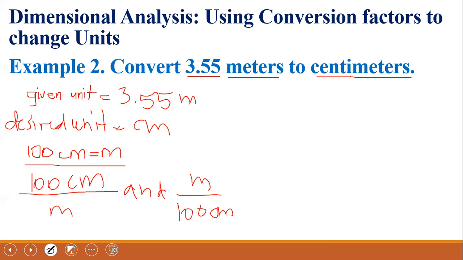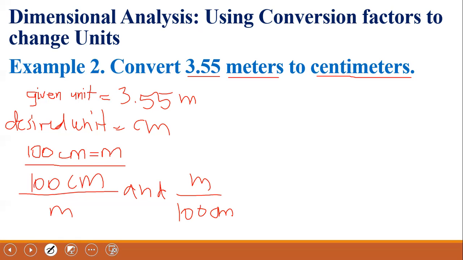Alright. So since the same unit appears in the denominator of the conversion factor, and any quantity that is divided by itself cancels, we cancel the unwanted unit. Orienting the conversion factor in this way results in the elimination of the undesirable or unwanted unit.